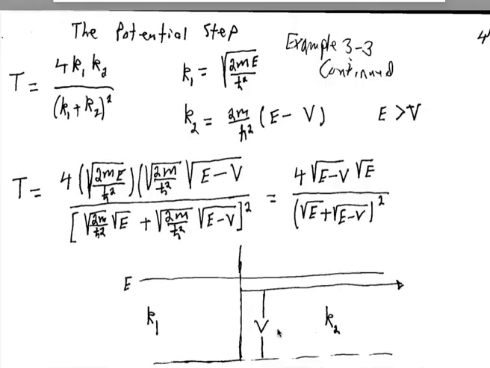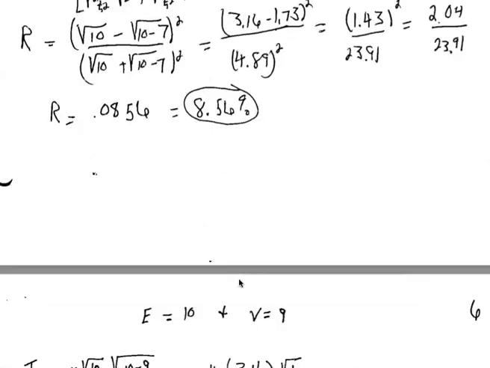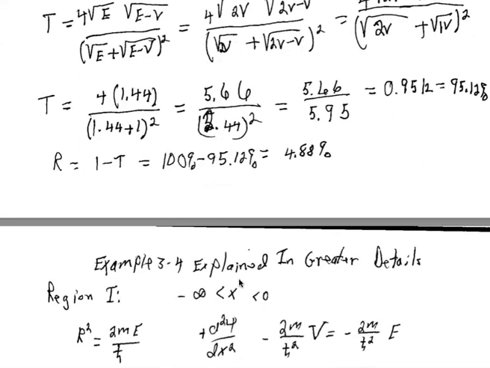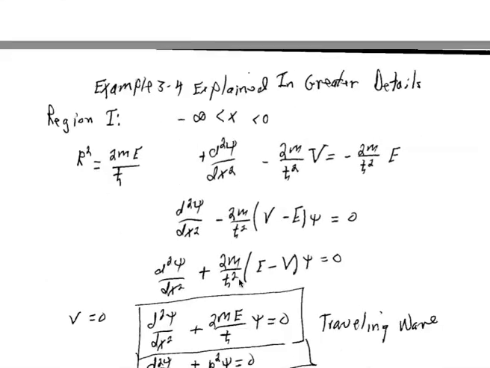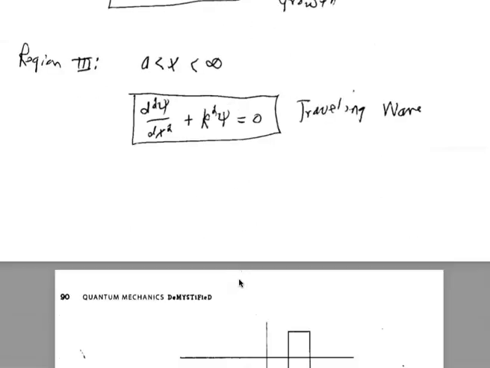Although the energy, I say again, is higher than the value of the step, the mere fact that we're dealing with quantum mechanics gives us the fact that some aspect of the wave is going to be reflected at this step here. I check a couple of different values, so that you can compare.